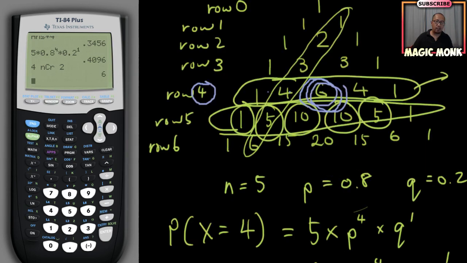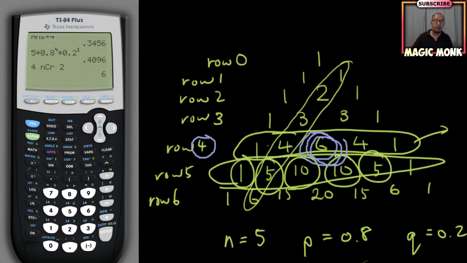So if I want to know, for example, row number 6, the fourth number, because the first number is 0. So 0, 1, 2, 3, 4.